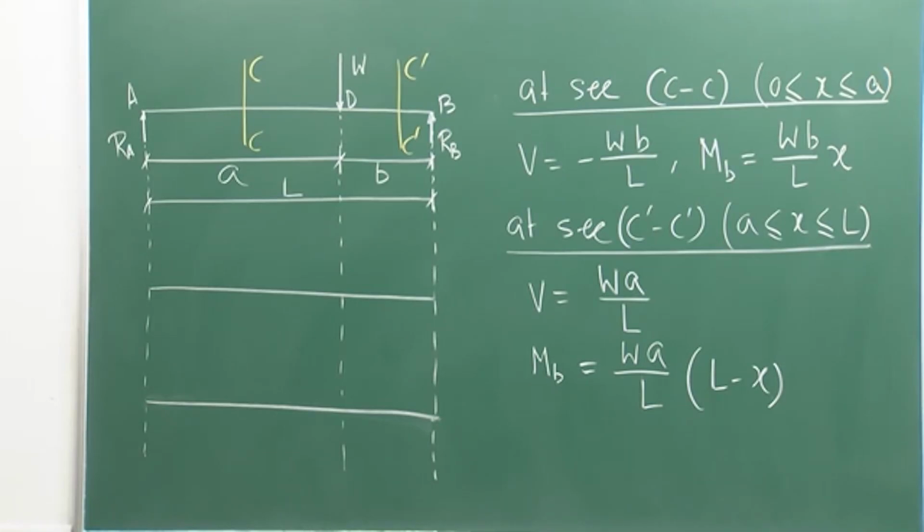So, section CC is spanning from 0 to a, whereas section C prime is spanning from a to L, right.